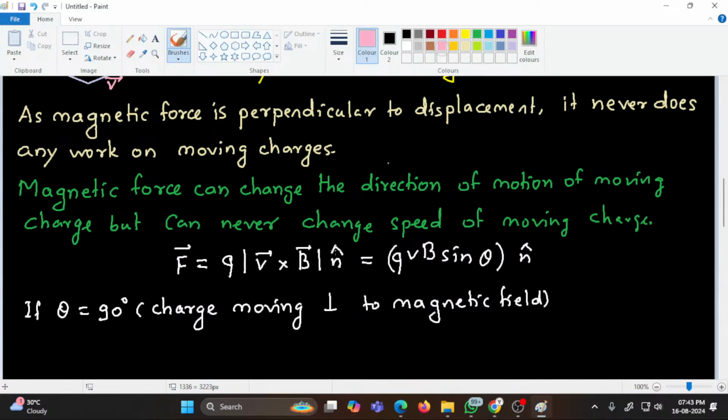Then we can define F is equal to QVB sin theta, theta 90, sin 90 is 1. So from that we define magnetic field B is equal to F upon QV. And from that we can find the unit.